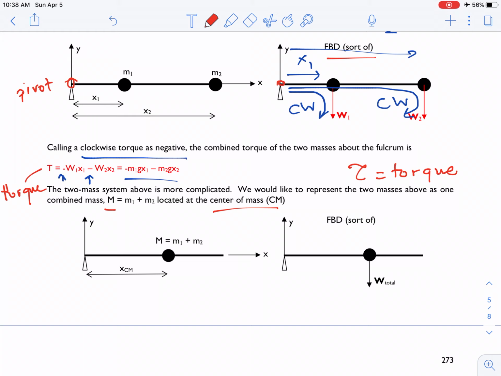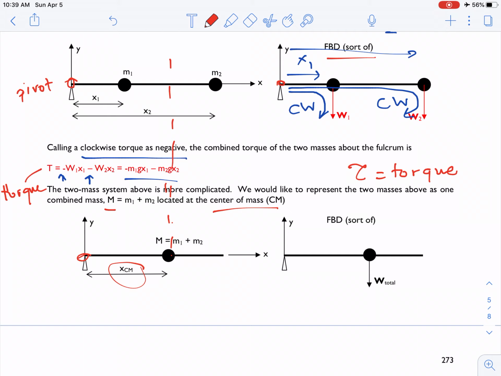Okay, so again, it's going to be somewhere in between, right? So I'm just going to draw a line here to show you, but we don't know where it is. So we are saying that distance from the pivot point is x center of mass. Okay, cm once again stands for center of mass.